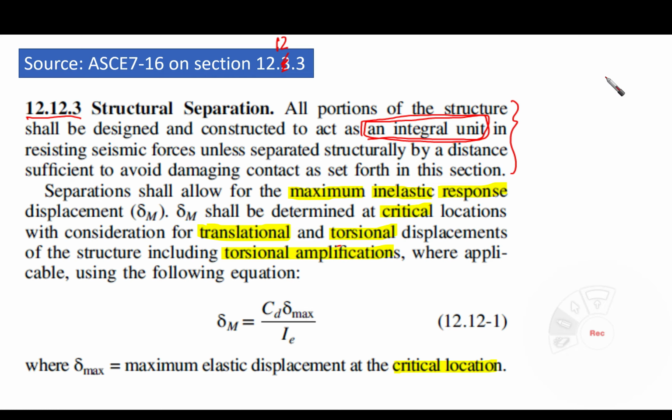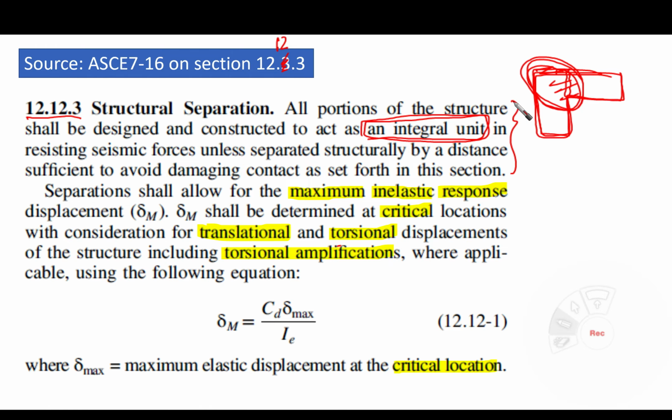But sometimes we have structures that are something like this, for example. We need to separate the structures, because whenever we have an earthquake, it might happen that this area is going to be overstressed. So in this case, we want the structure to work as one unit. But if working as one unit is going to add additional stresses at certain parts of the structure, then it's better to separate the buildings here, or parts of the building.